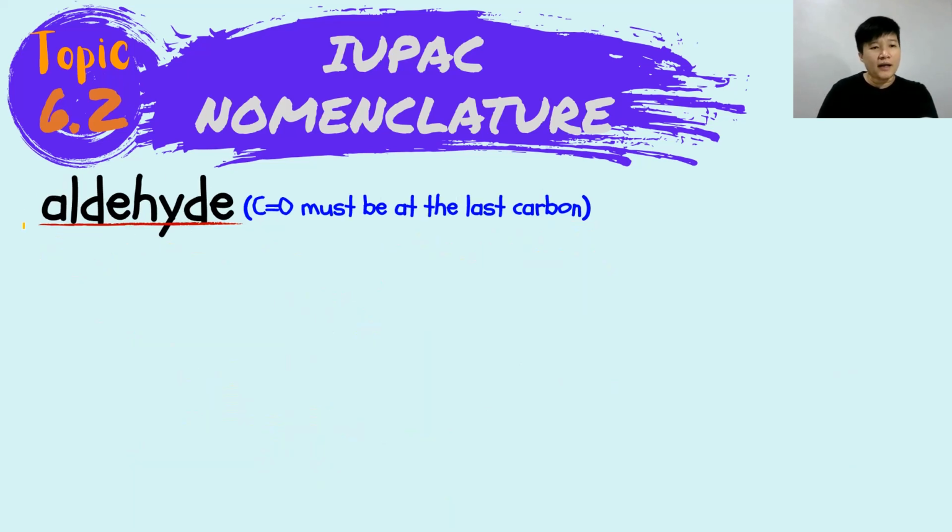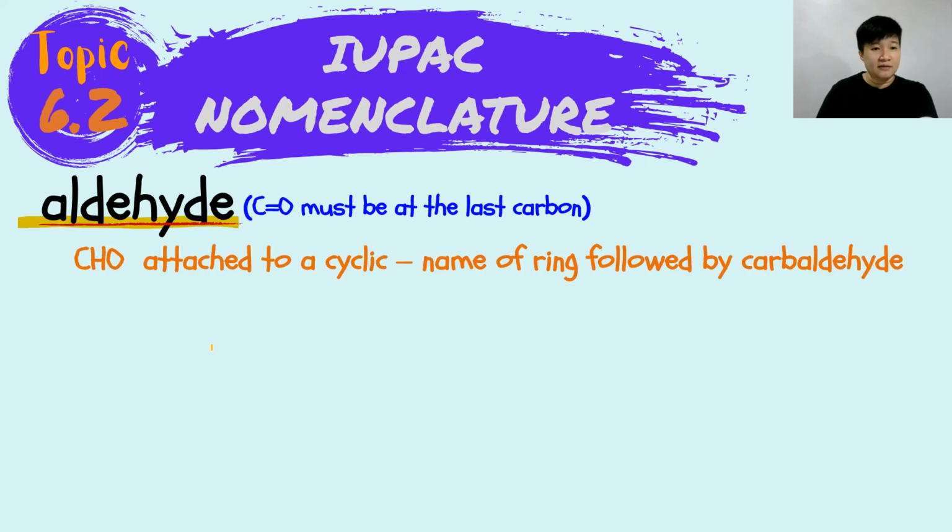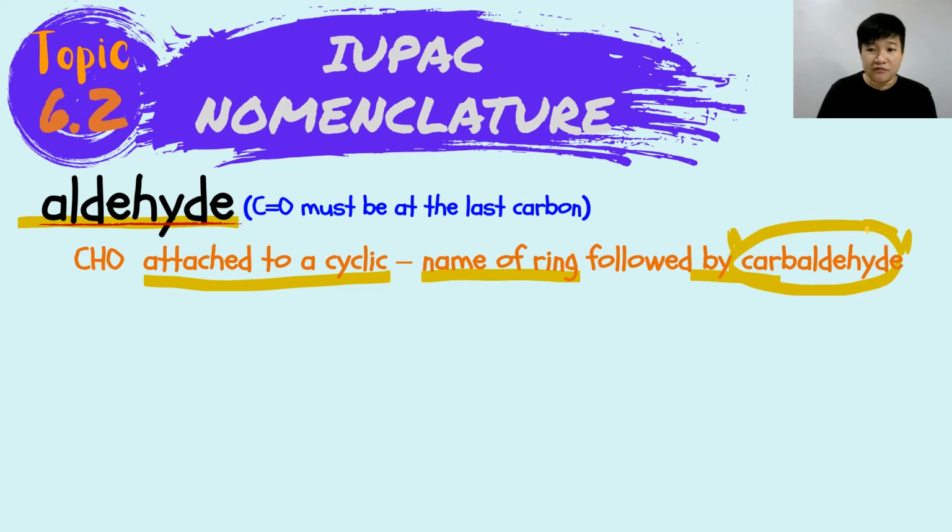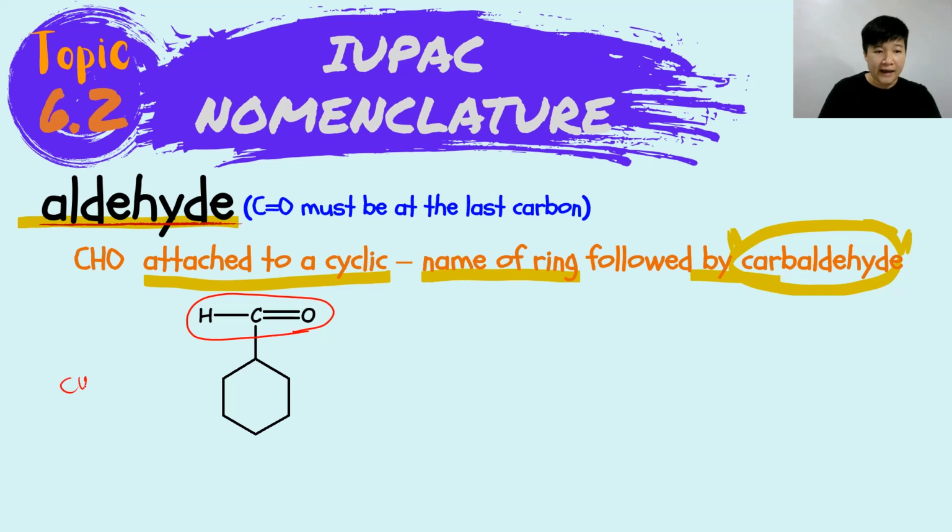Next, what happens when your aldehyde is attached to a cyclic? The name will be quite special because you will be having the name of the ring followed by the word carbaldehyde. So the first example that I have over here, you can see that your C double bond O right now is directly attached to your cyclohexane.